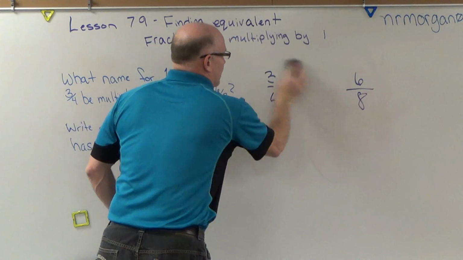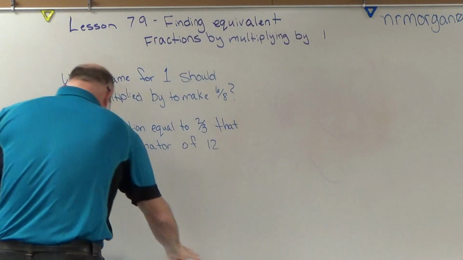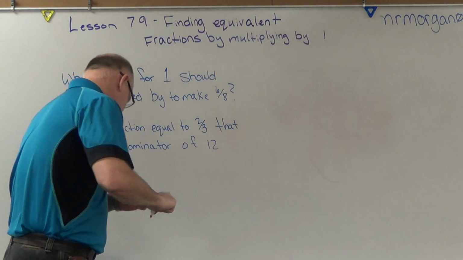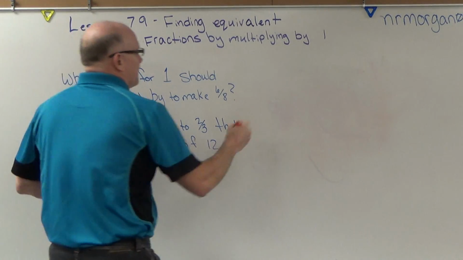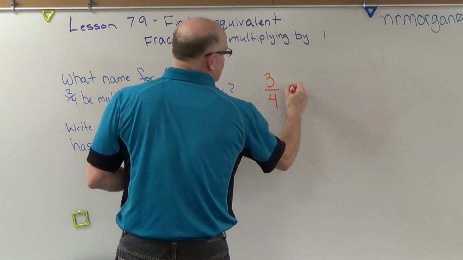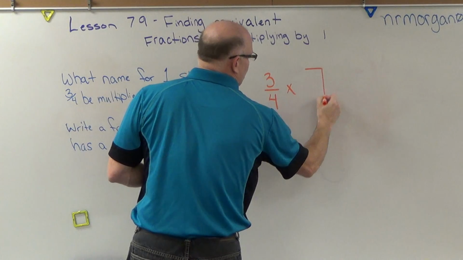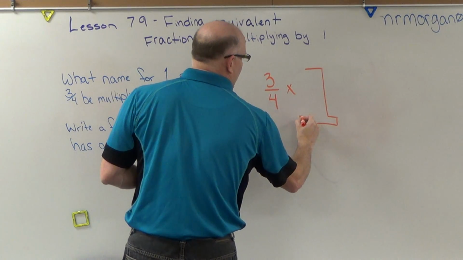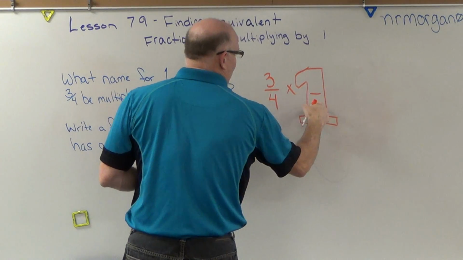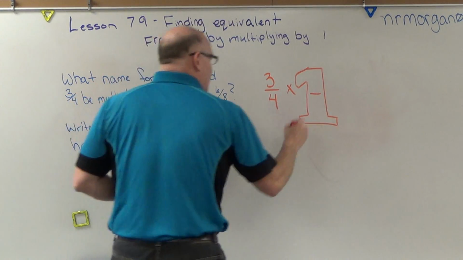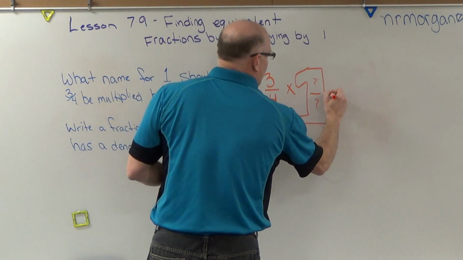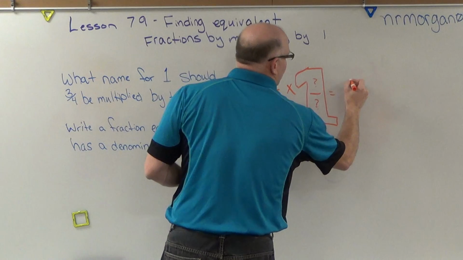So, let's put a couple of problems for you to work out on your paper. 3/4 times what is going to equal 9/12.